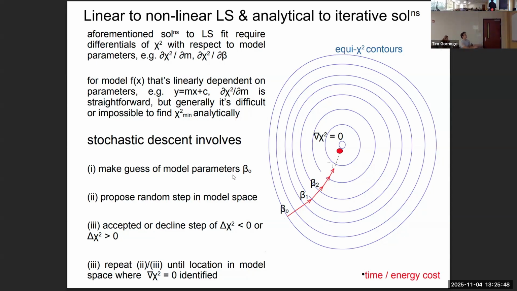So here I've got three slides that will look very similar, but they're just advertisements for the names of several ways that you can descend from your initial guess on the chi-squared mountain to the minimum, to the chi-squared valley.